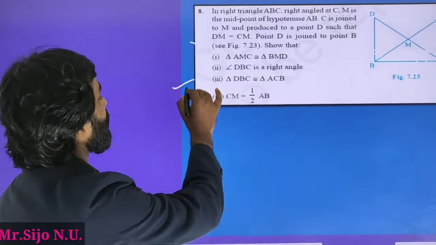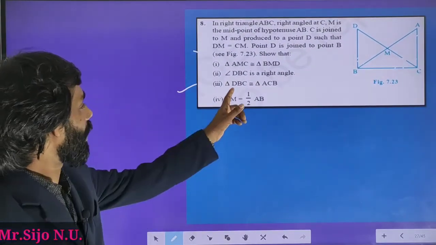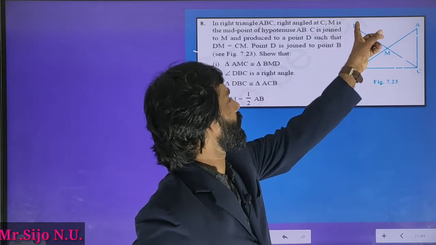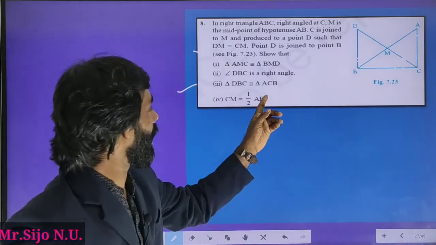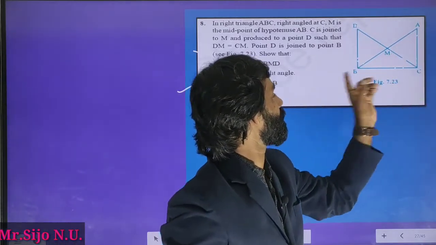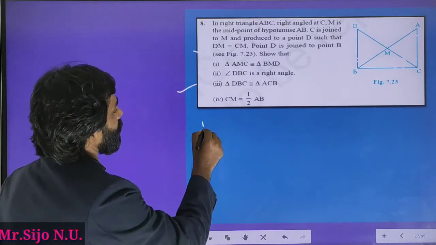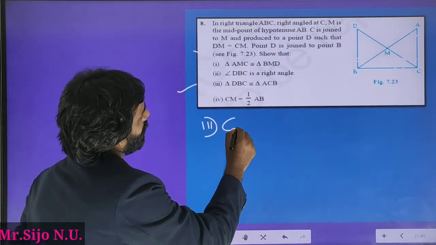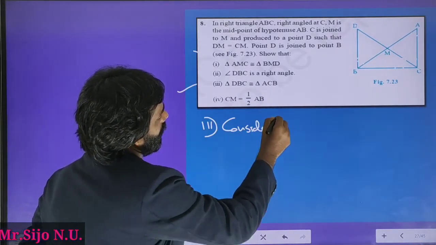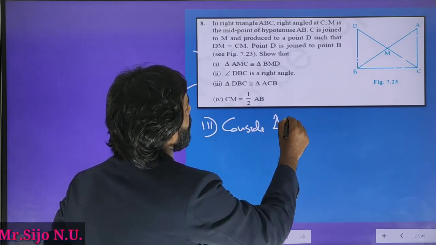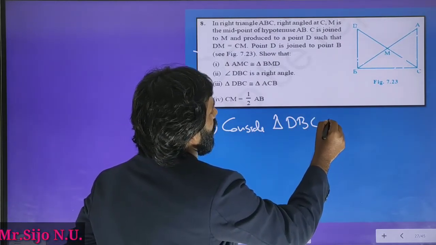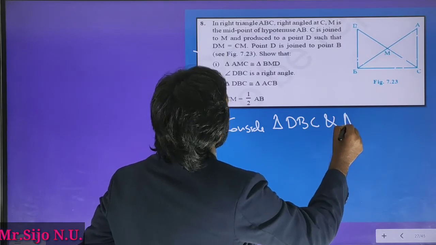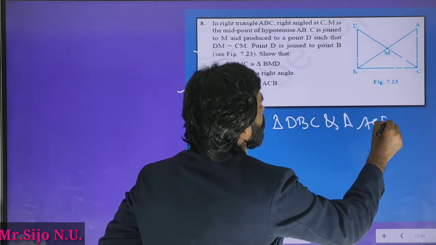Okay. Now we need to consider the third question. What is that? Triangle DBC congruent to triangle ACB. So the third one is we need to consider triangle DBC and triangle ACB.